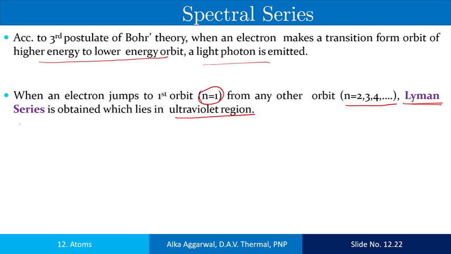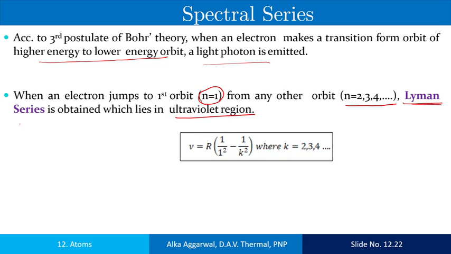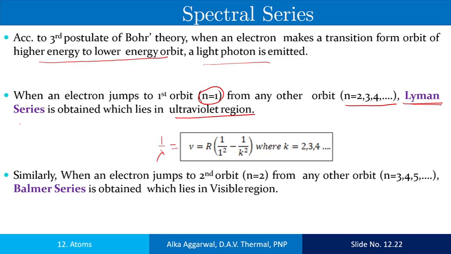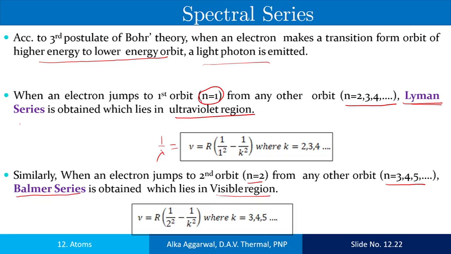This series lies in the ultraviolet region. So we can find the wave number or the wavelength by using this relation for the Lyman series. Similarly, when the electron jumps from the third, fourth and fifth orbits to the second orbit, the series produced is the Balmer series, which lies in the visible region, and using this relation we can find the Balmer series.